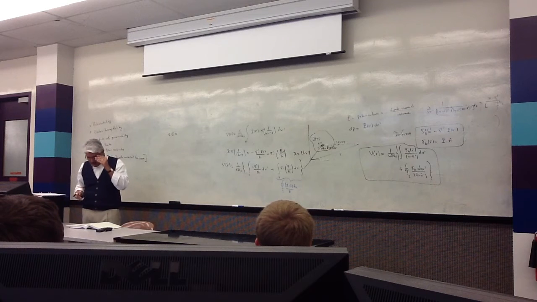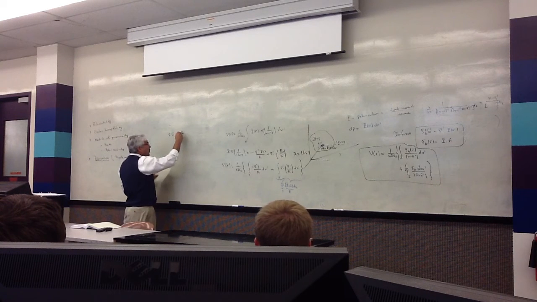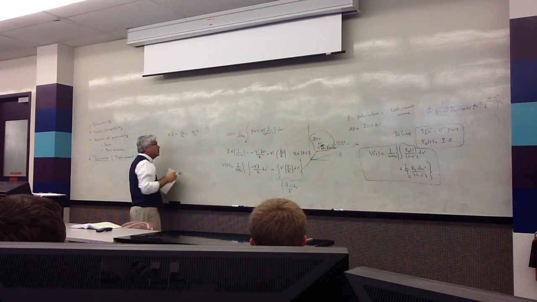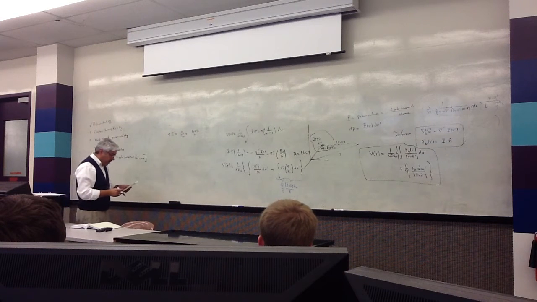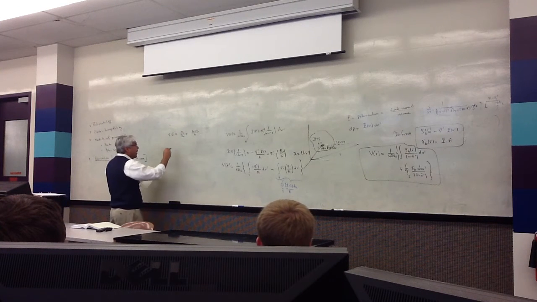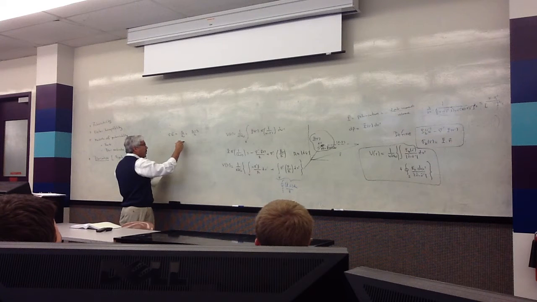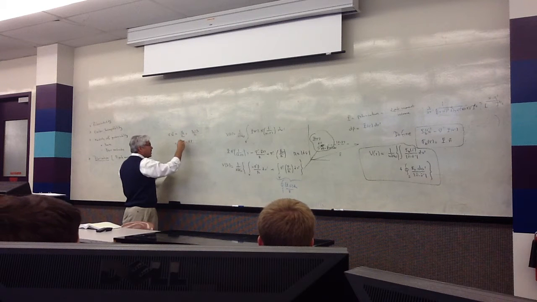On the right-hand side, it should be rho total over epsilon 0, which is equal to rho free plus rho bound over epsilon 0. Okay? This is what we have. So if this is the case, I can write that this is equal to 1 over epsilon 0 times rho free minus del dot P, the polarization vector.